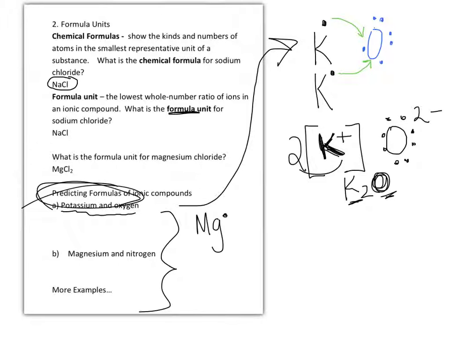Magnesium is in family 2, so it has 2 valence electrons. Nitrogen is in family 5, so it has 1, 2, 3, 4, 5 valence electrons. Notice I put 1 per side when I'm doing the dots, and then only add a second one, kind of like with the electron configurations.